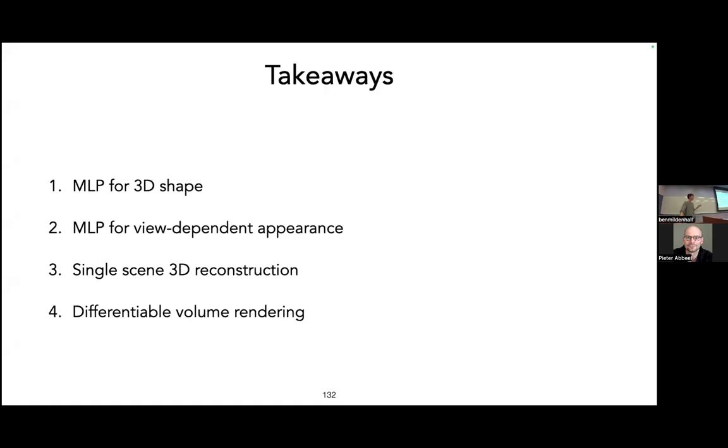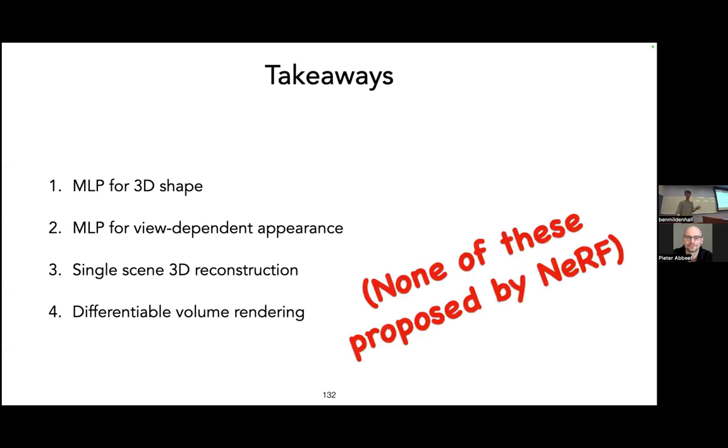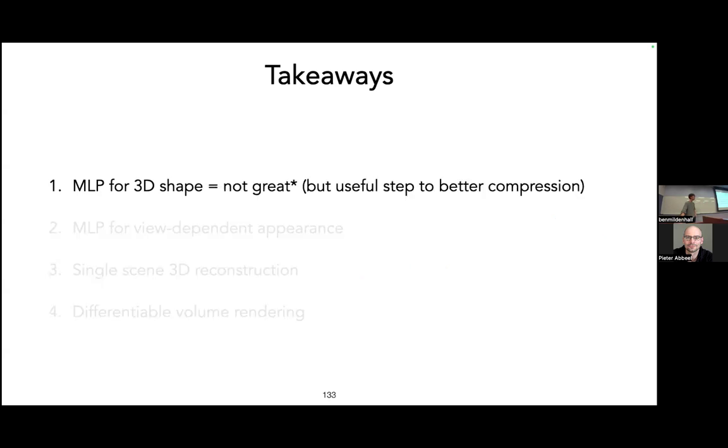The other I didn't talk about quite as much: the idea that we were encapsulating view-dependent appearance as part of the MLP function mapping. The idea of doing this optimization over a single scene at once instead of trying to generalize, and of course, I talked a lot about the volume rendering equation. And like I said, none of this is proposed by Nerf at all. It was just united to solid performance in the original paper we did.